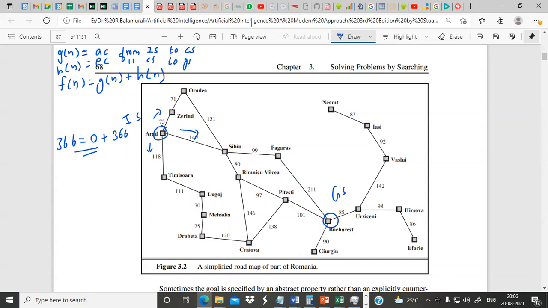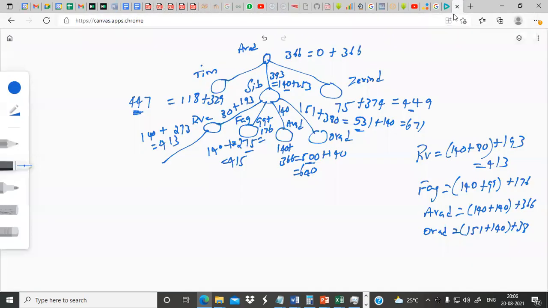Okay, so let me draw that. From RV you can reach Craiova at the cost of 146. But what is the actual cost of reaching RV? The actual cost of reaching RV is already 140 plus 80.